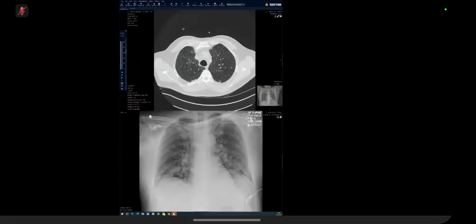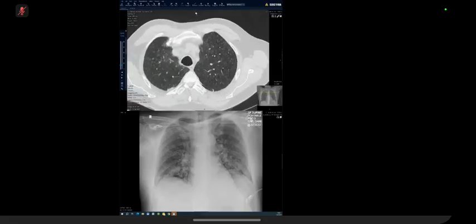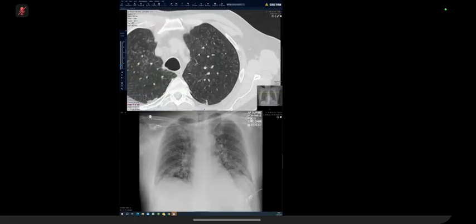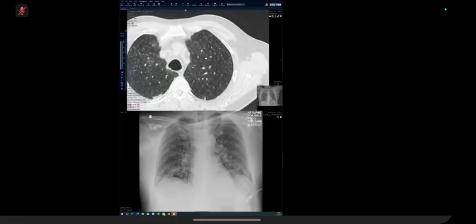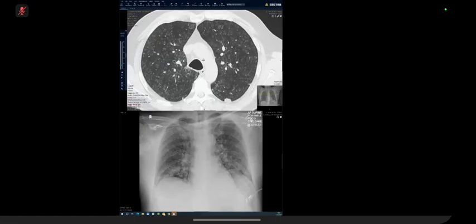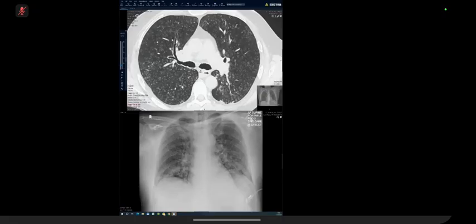You don't see tree-in-bud? Okay, yes, there are some tree-in-bud opacities and centrilobular also. So in an immunocompromised patient, this supports my diagnosis of Mycobacterium tuberculosis.